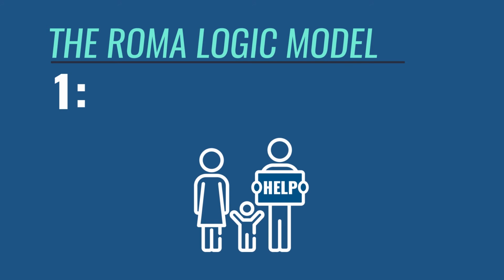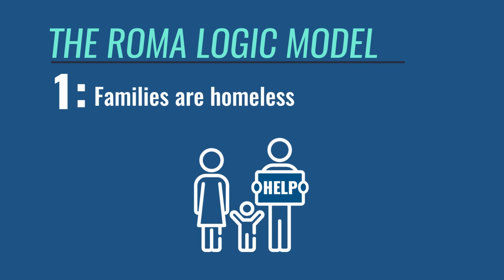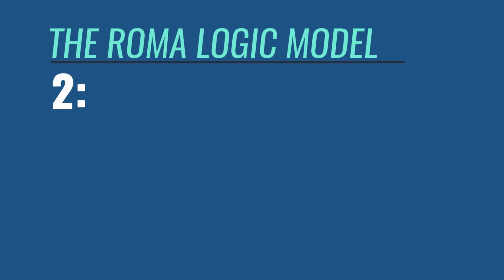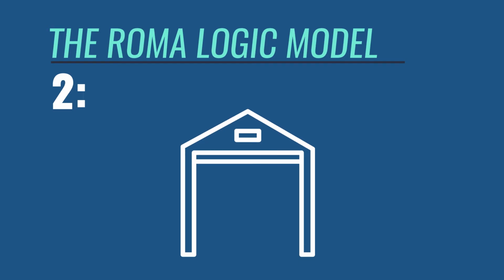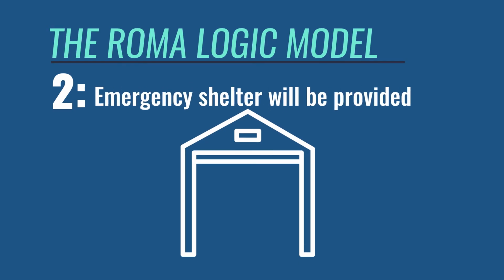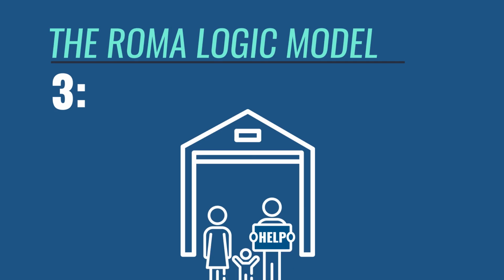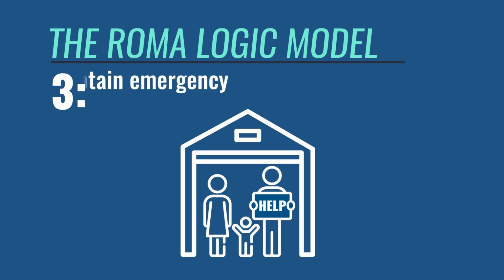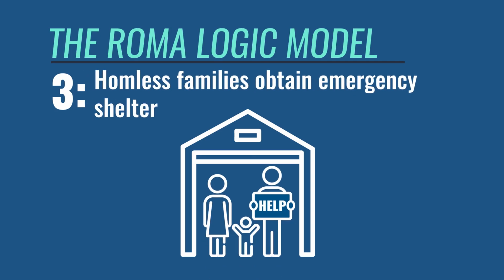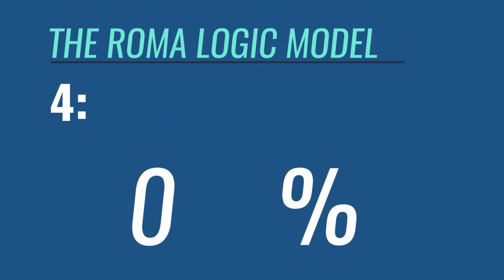Step 1. Our need is that families are homeless. Step 2. Our intended outcome is that emergency shelter will be provided. Step 3. Our outcome statement is homeless families obtain emergency shelter. Step 4.